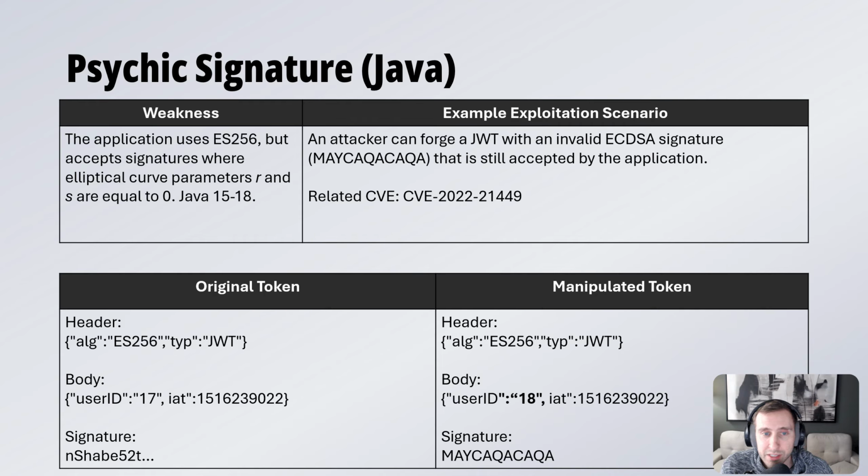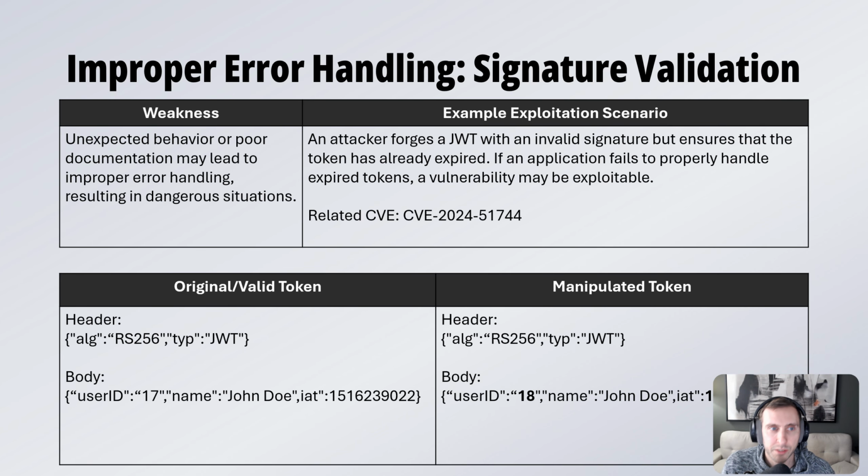And therefore, this lets you just use this string here, MAYCAQACAQA, as the signature. And it's as easy as that. So that's a very easy test case to try when you see that an elliptic curve algorithm is in use.